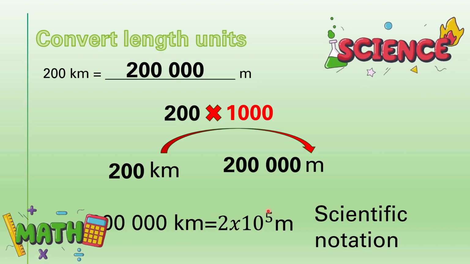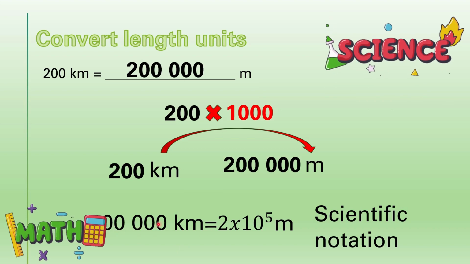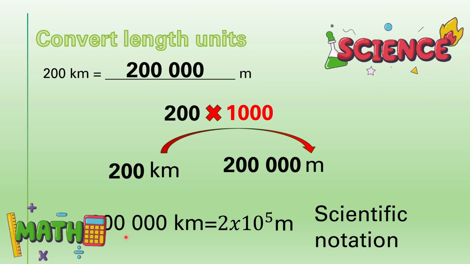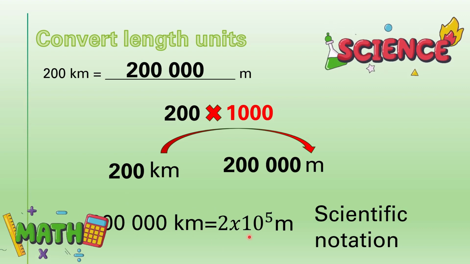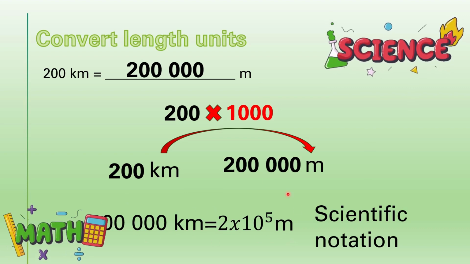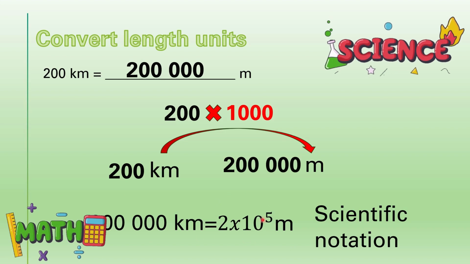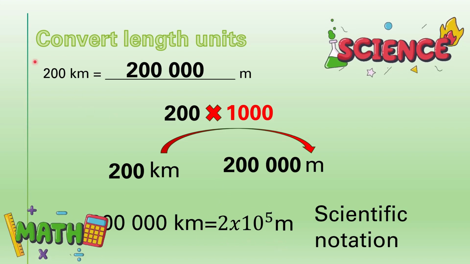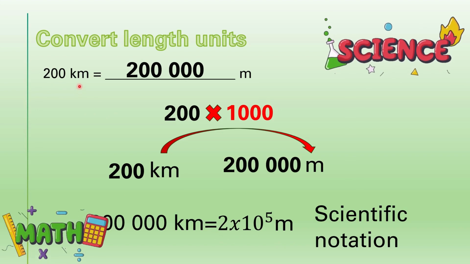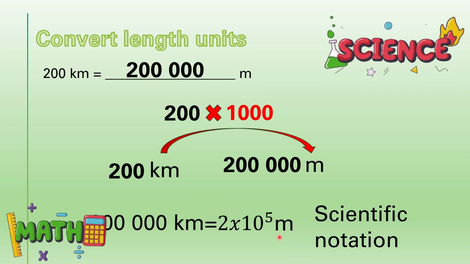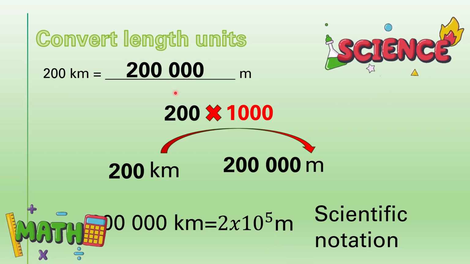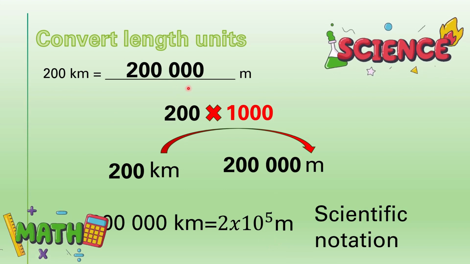So these 5 we get counting how many places we move. And this is basically will be most correct answer in science, or basically this is called scientific notation. Or in other words, 200 kilometers is equal to 2 times 10 on the power of 5 meters, or 200,000 meters.